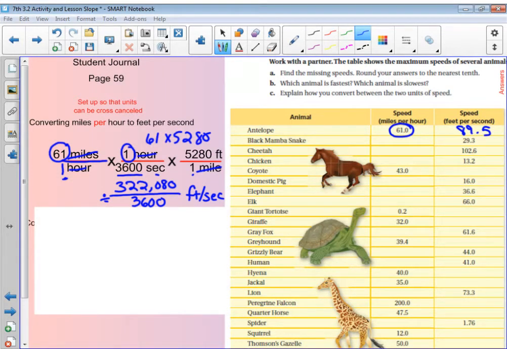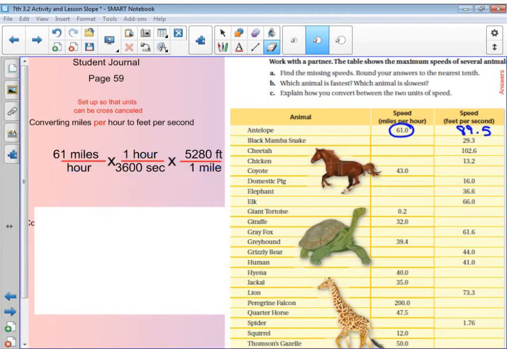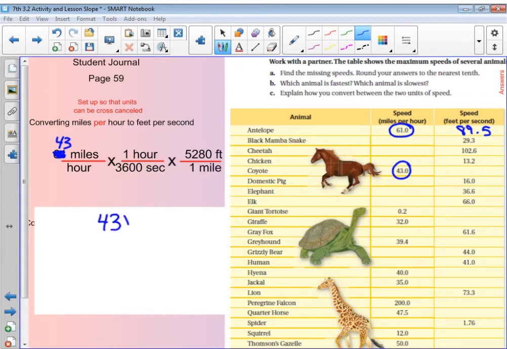Okay, so now we're going to do the same concept, only this time instead of 61, we're going to do our 43. So I'm going to work my way down this first column and get all of my feet per second. Where I had this 61, I'm going to now replace this with a 43. So on the top, I have 43 times 1, which is 43, times 5,280.